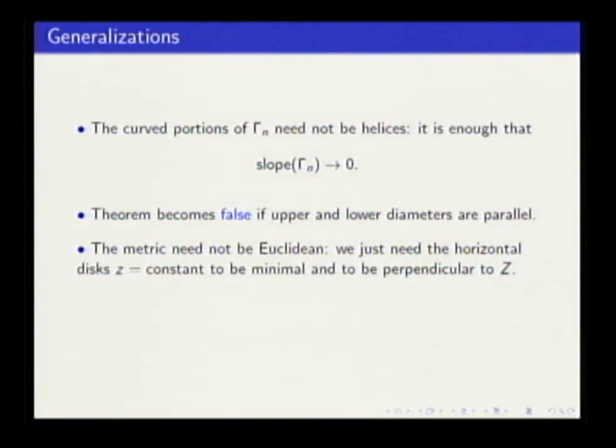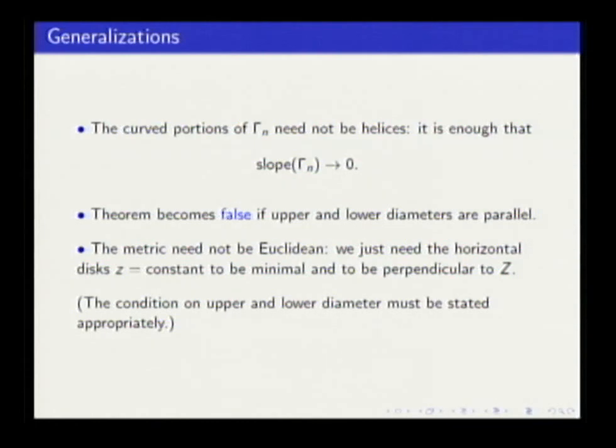So those are the two things you need, but modulo that, it can be any Riemannian metric, not just the Euclidean metric. Actually, of course, for an arbitrary Riemannian metric, it doesn't really make sense to talk about the top and bottom being parallel. So that condition you have to restate in a slightly different way.